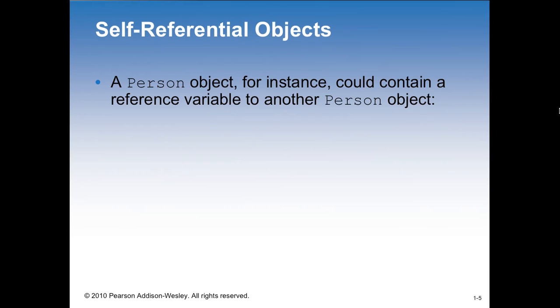So we have what's called a self-referential object. So a person object, for instance, could contain a reference variable to another person object. So all the people could know about each other. That's why we take attendance, I guess. So we figure out all the people. And then, the attendance list, well, that's an array list, really.